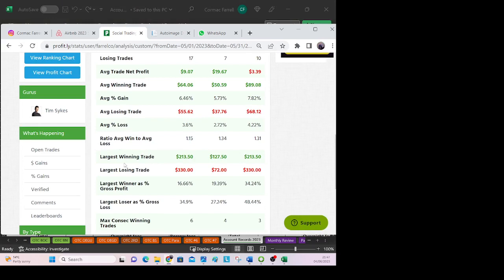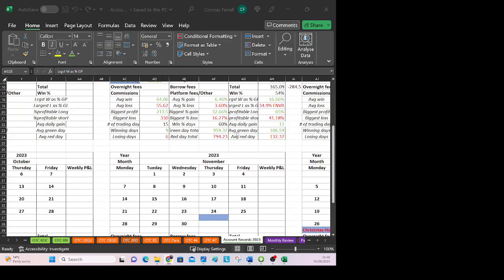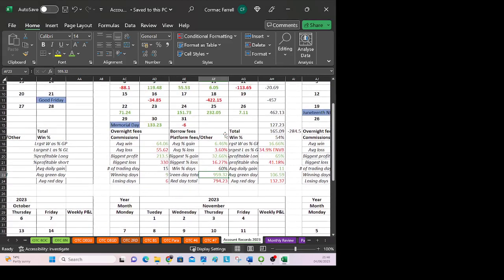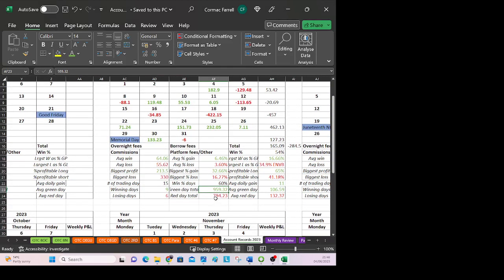largest winner as percentage of gross profit, largest loser as percentage of gross profit. So if I made 959 in the month, which was what I made in terms of profits before taking away the red days, the largest winner as a percentage of that number was a 16% win.